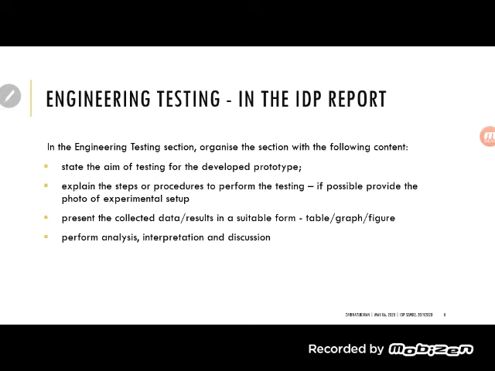If possible, provide in the report a photo of your experimental setup. Third, provide and present the collected data or results in a suitable form, whether in table, graph, or figure, or any combination of them. Lastly, perform analysis, interpretation, and discussion.